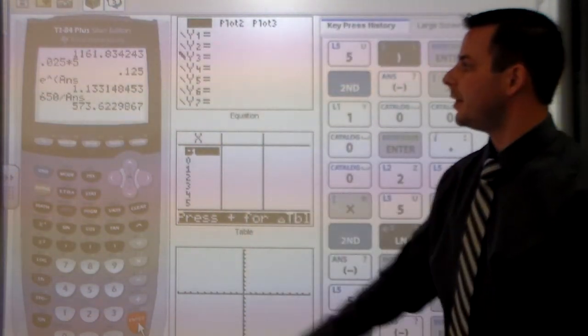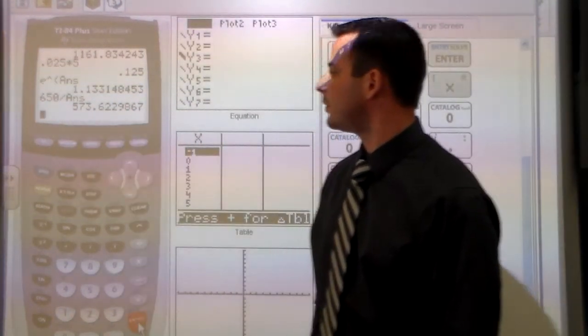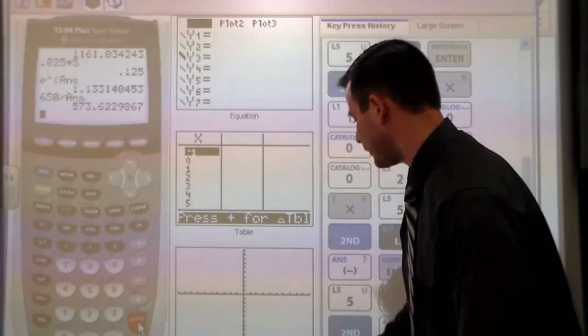So now we can see that my initial investment was $573.62.